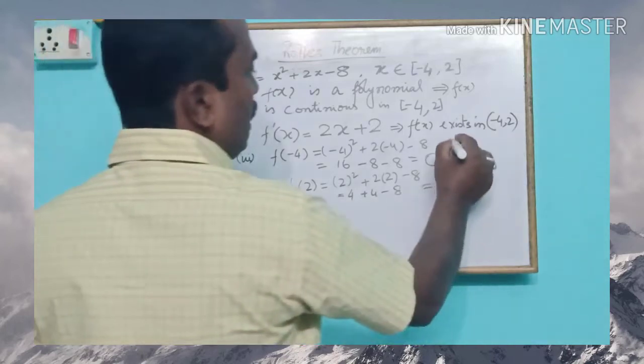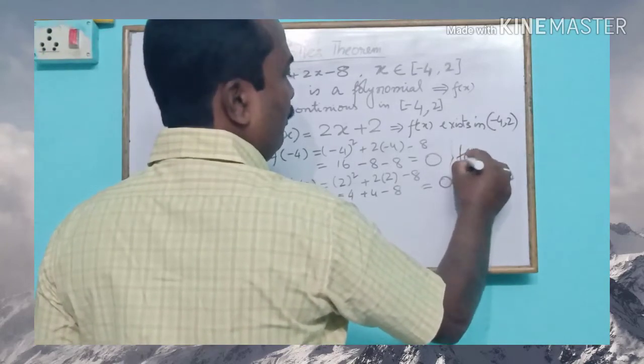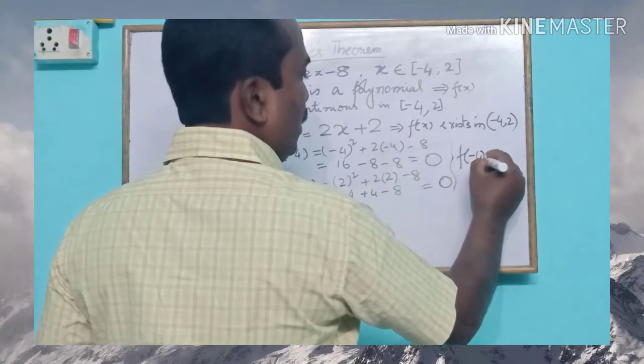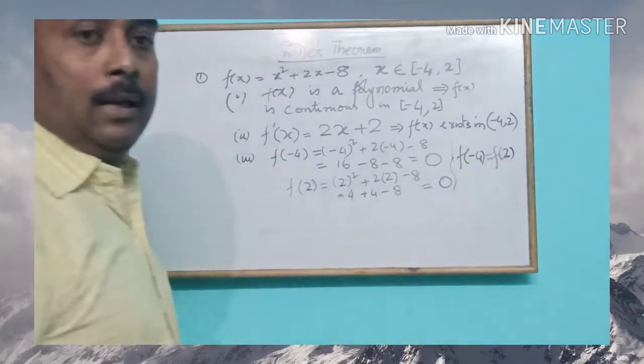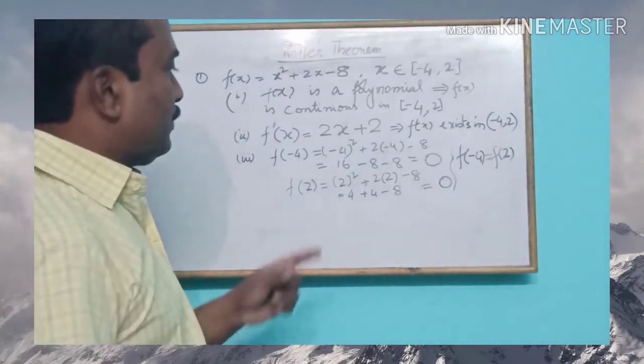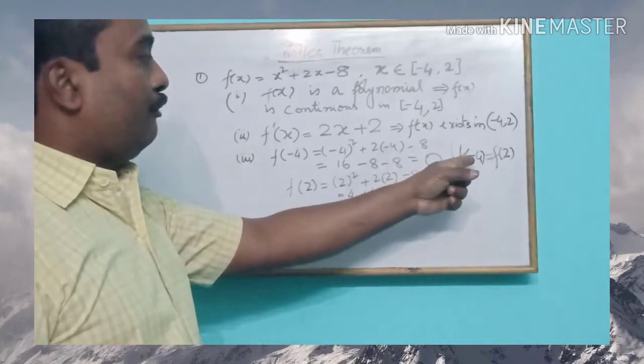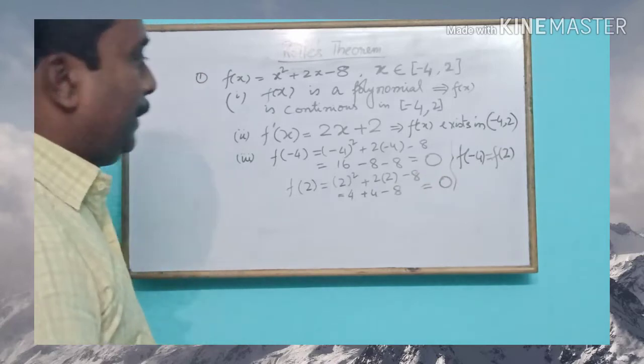This shows f of -4 equal to f of 2. Hence the third condition is also satisfied, that is f(a) equal to f(b).